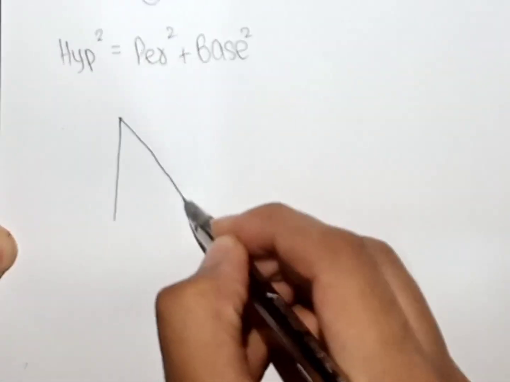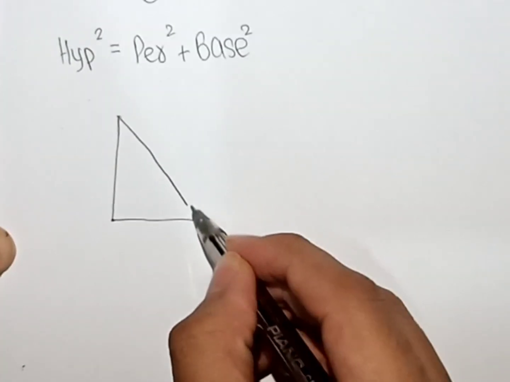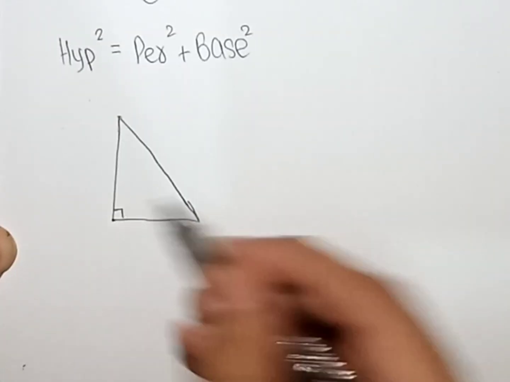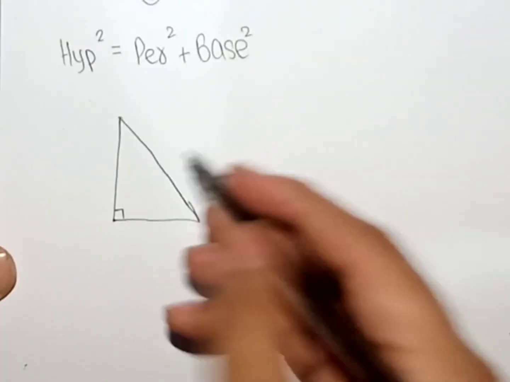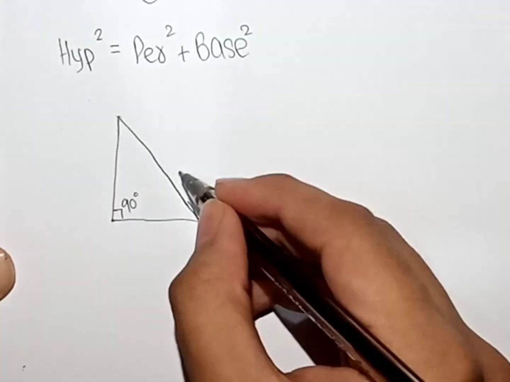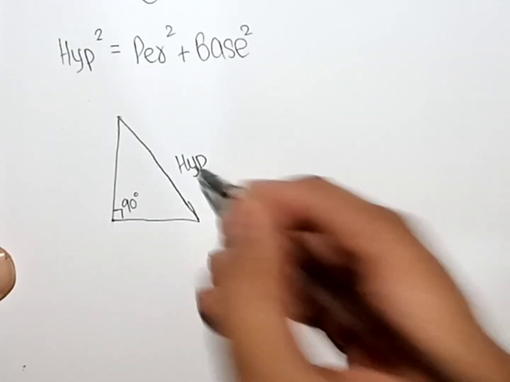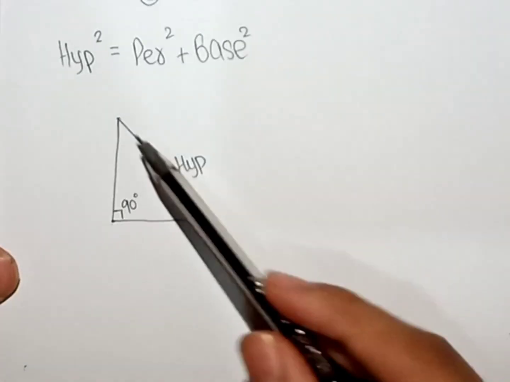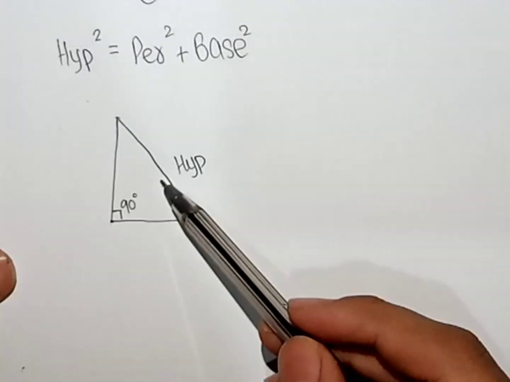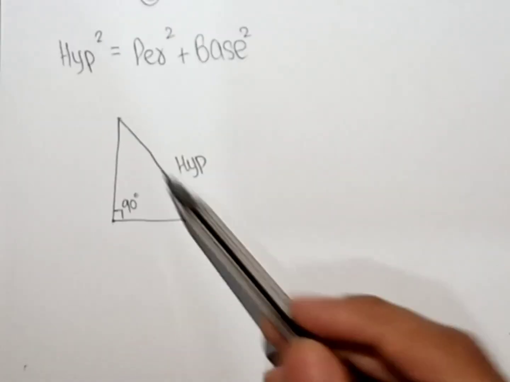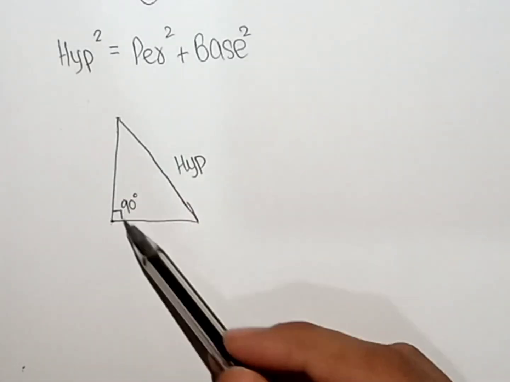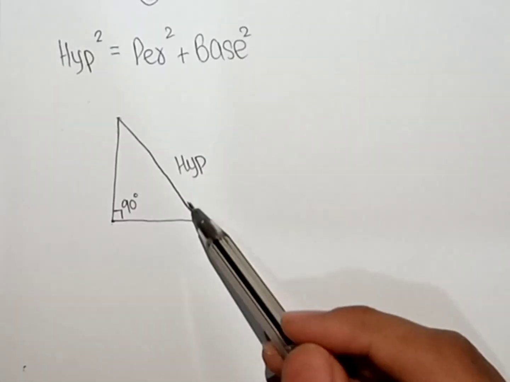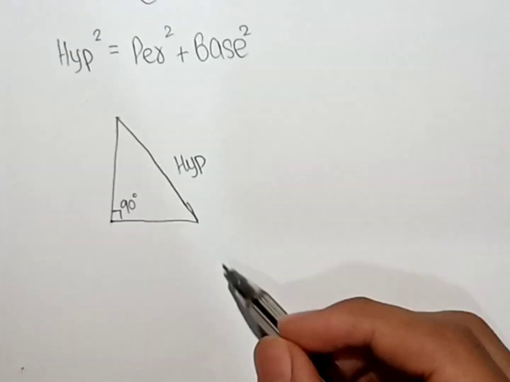For example, here's a triangle with a 90-degree angle. The line opposite to the 90-degree angle is always known as the hypotenuse, and this is the largest line in the triangle because the 90-degree angle is the largest in the triangle, so the opposite side will obviously be the largest.